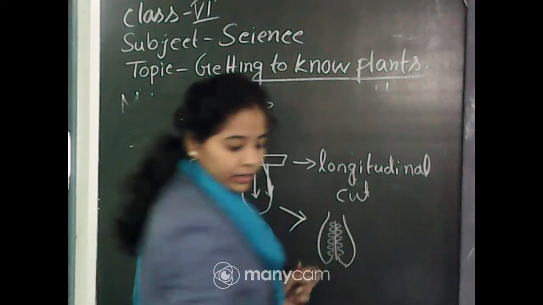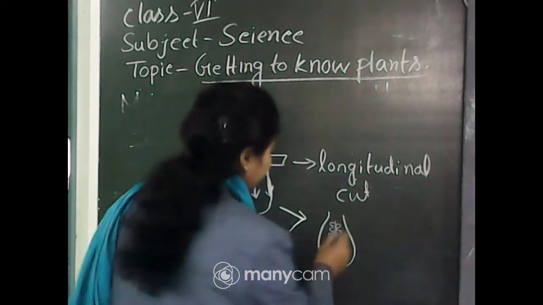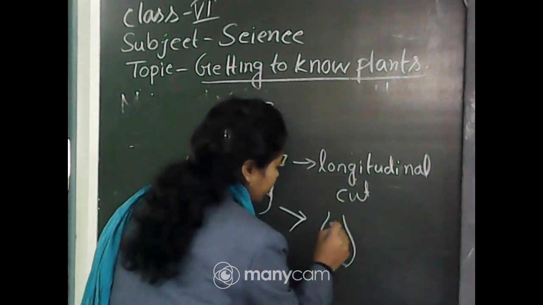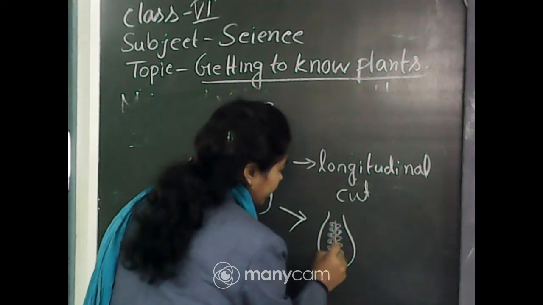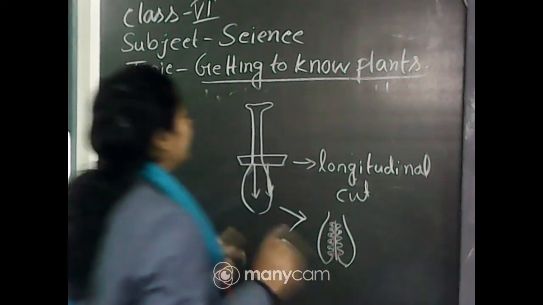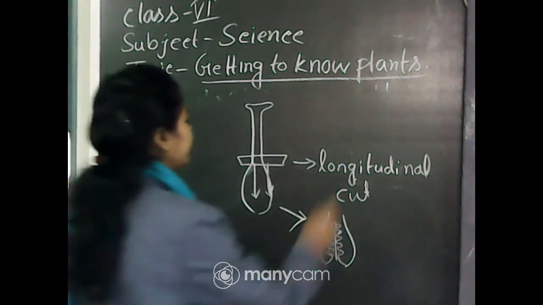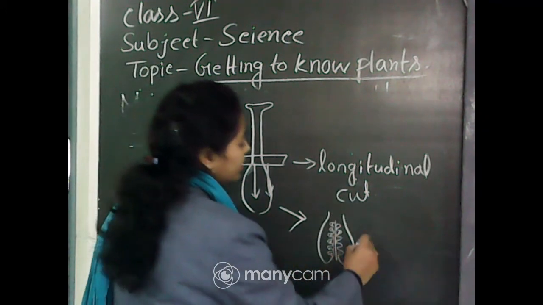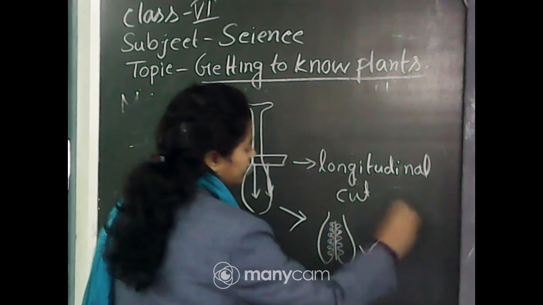The ovules are present over here. Here you can see these are ovules. Okay. When we cut this ovary in longitudinal section, then we will see the ovary like this figure.